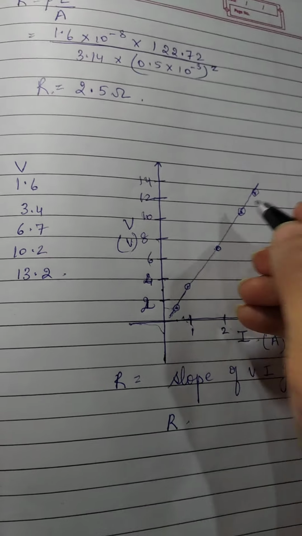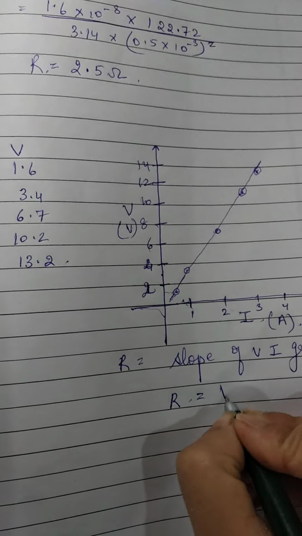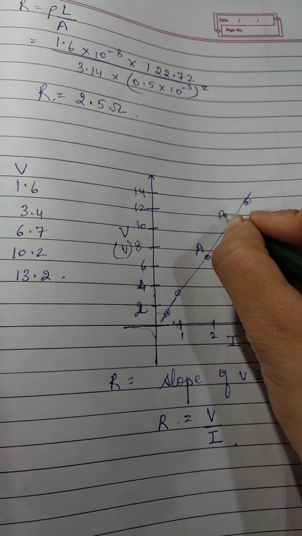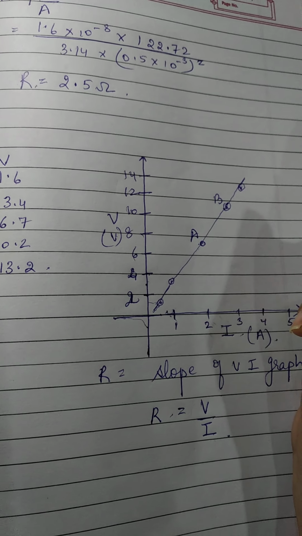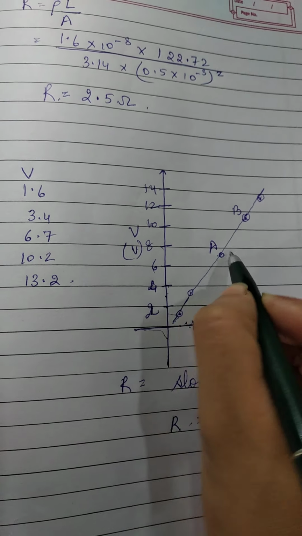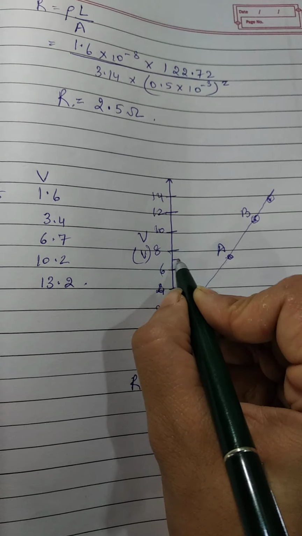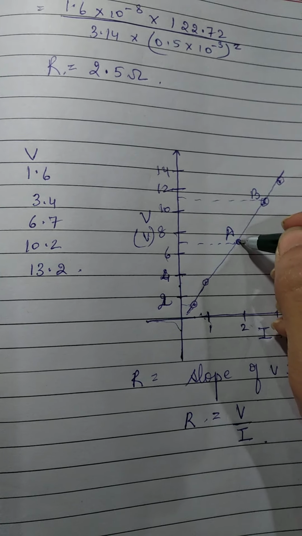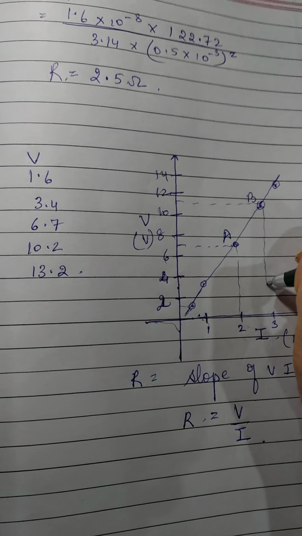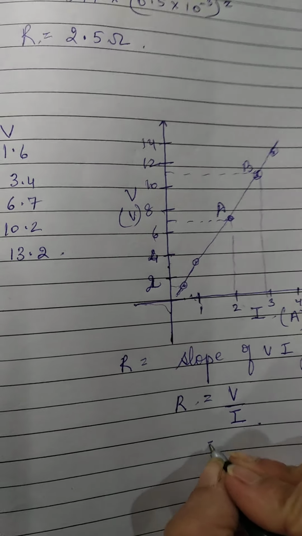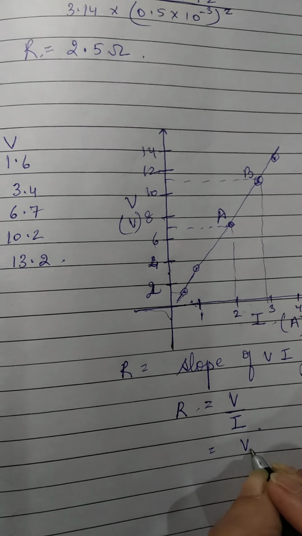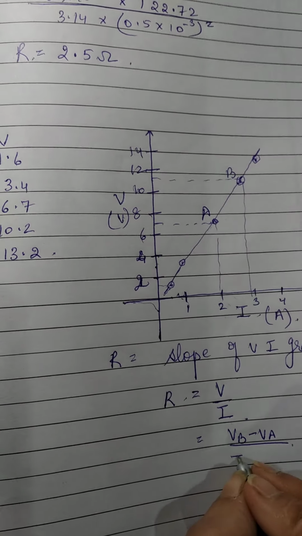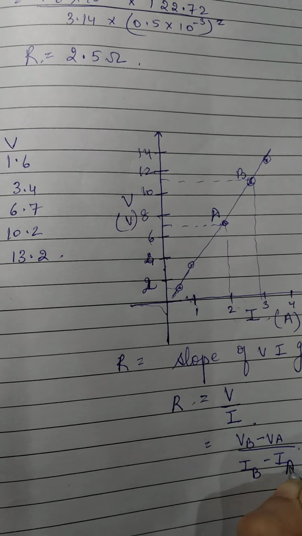At any 2 points, I can find out the ratio of V and I. Let me take these as 2 points A and B. From here I'll drop a perpendicular on the y-axis and correspondingly on the x-axis. So the slope is VB minus VA upon IB minus IA.